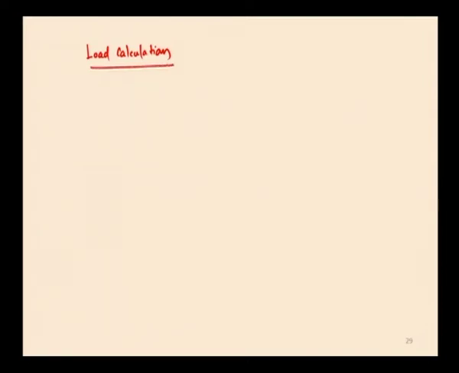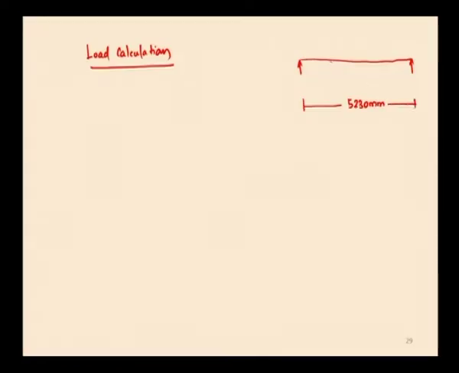Before that, first we need to draw the loading diagram. The center to center of the support here is 5230 millimeter, and we have left some space for the base slab, that is 3300 millimeter, and for the remaining 900 plus half of the support it is 1015 millimeter, and here it is 915 millimeter, 800 plus 115.